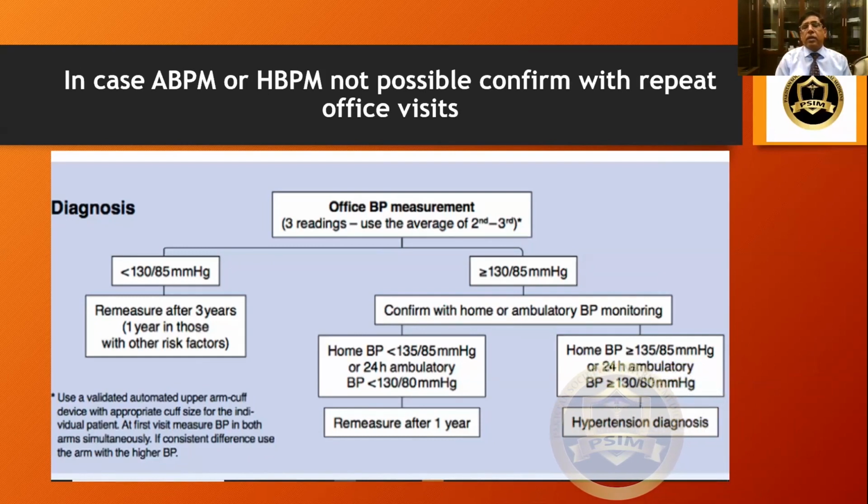But with home blood pressure monitoring of 135/85, or a 24-hour ambulatory average of 130/80, the hypertension diagnosis is confirmed.